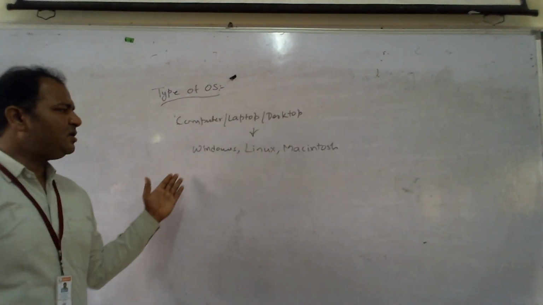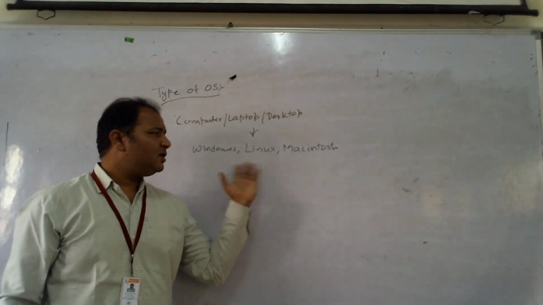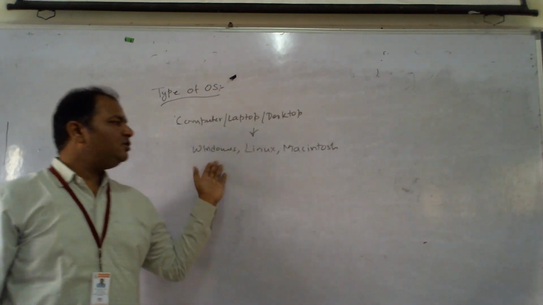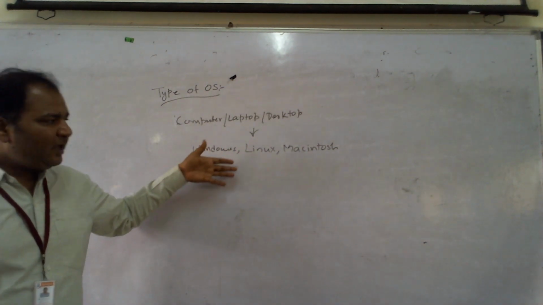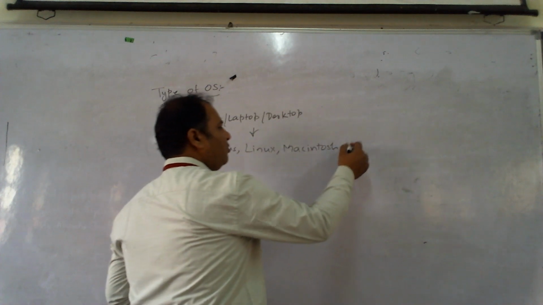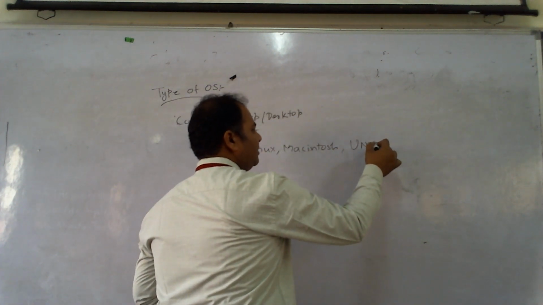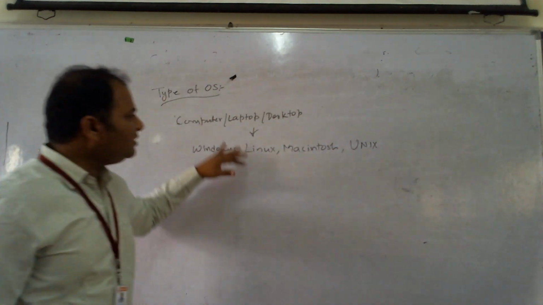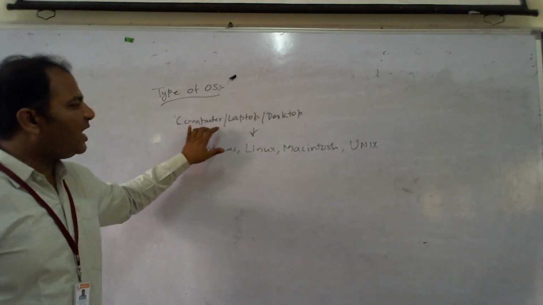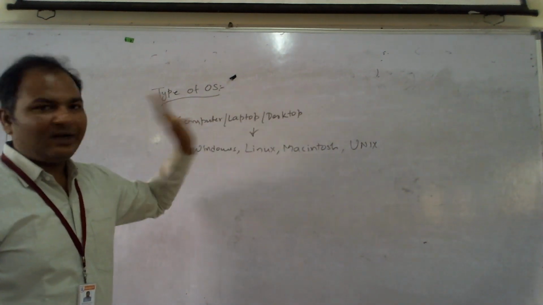These are the major operating systems which users are using. There may be more operating systems like Unix, and the hardware required is either a computer, laptop, or desktop.